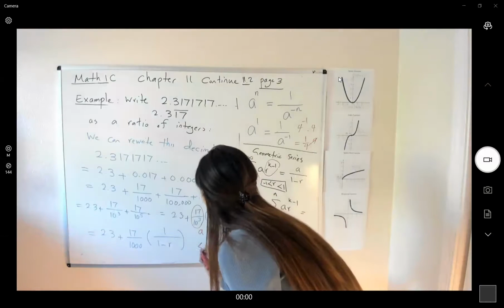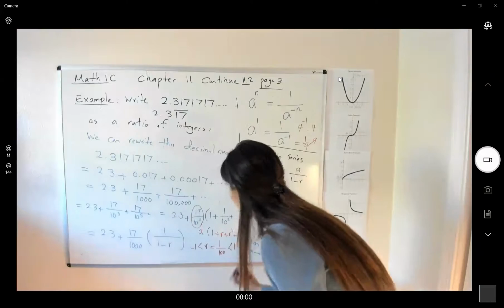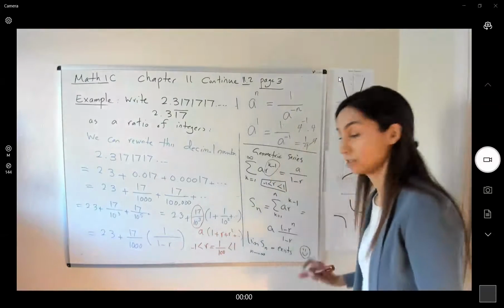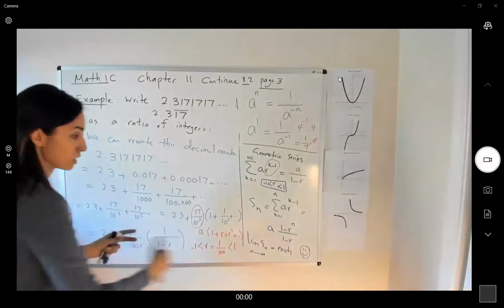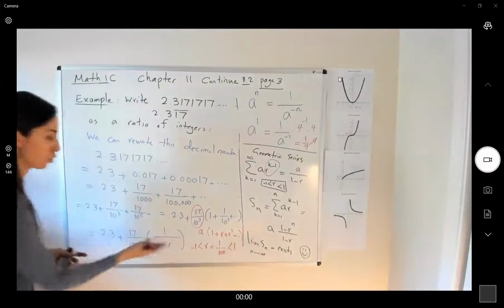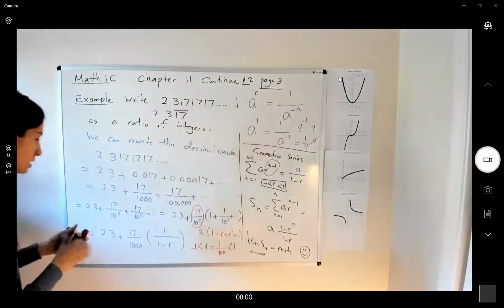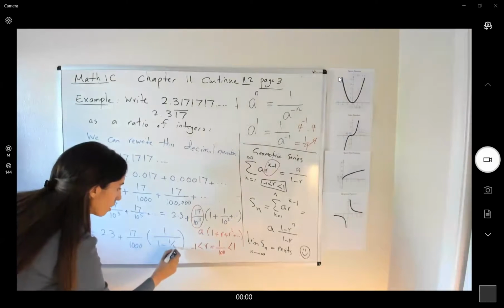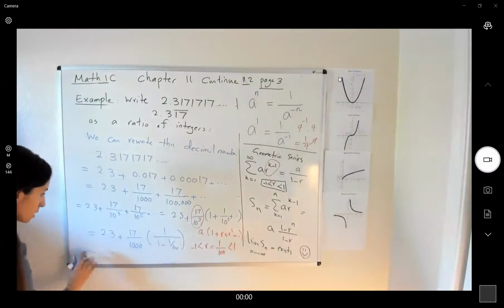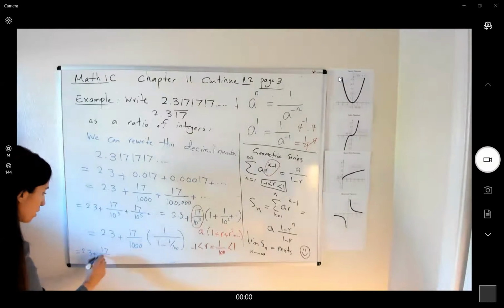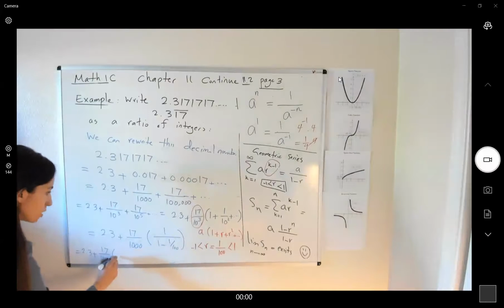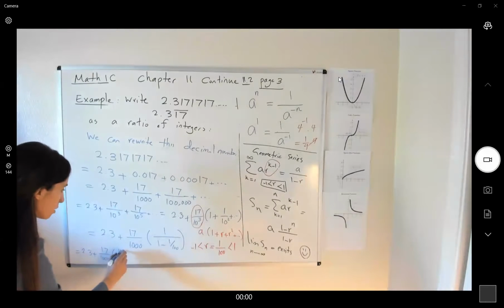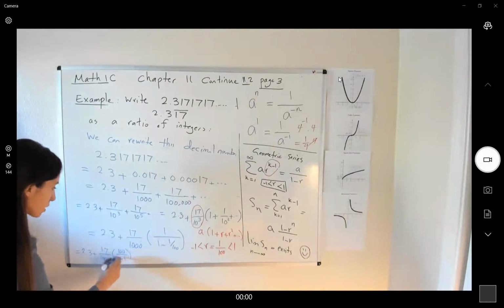As you can see, it is between -1 and 1, so we have a convergent sequence, I mean S of n, so you'll get a convergent series. So this is equal to 1 over 100. If you simplify, you get 2.3 plus 17 over 1,000 times 100 divided by 99. You can cancel out zeros.